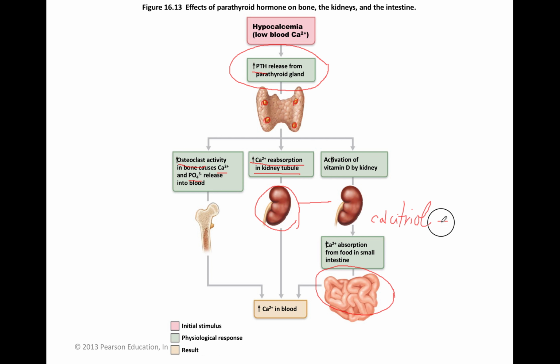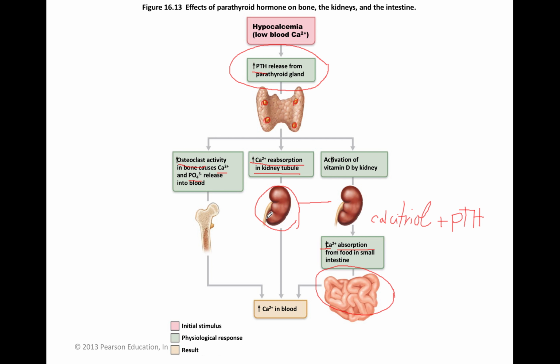So calcitriol plus PTH is going to target your small intestine, and that causes an increase in calcium absorption, and calcium absorption means more calcium in your bloodstream. So you break down your bone to release calcium. You prevent removal of calcium from your kidney.